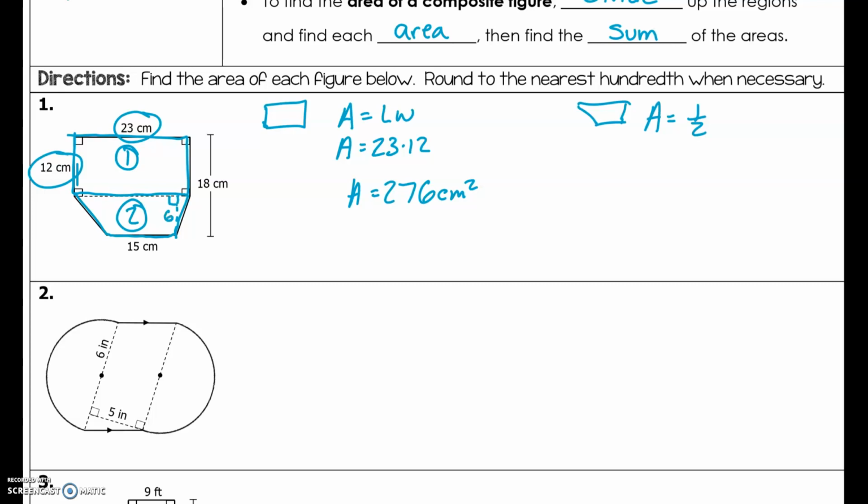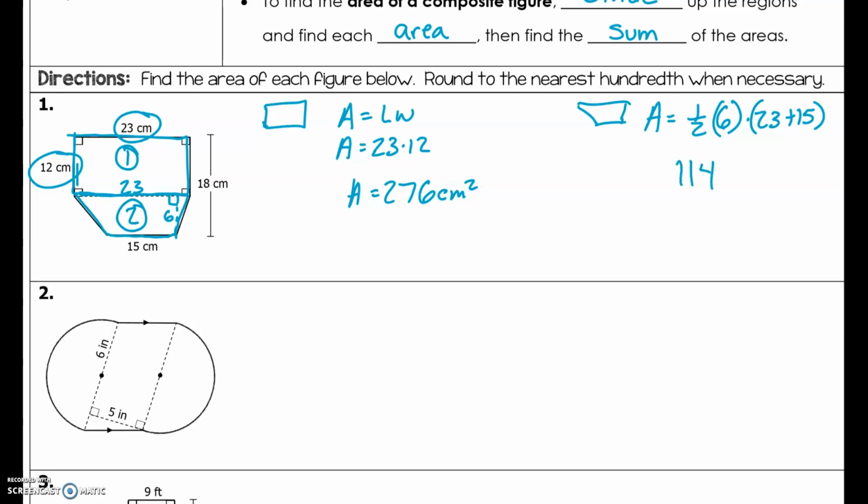Okay, so I know that the height is 6 centimeters times, okay, the sum of the 2 bases, which we don't have a length here, but since it's a rectangle, opposite sides are congruent. So we would be left with 23 and 15. So 23 plus 15, okay? And we're going to go ahead and calculate that out.